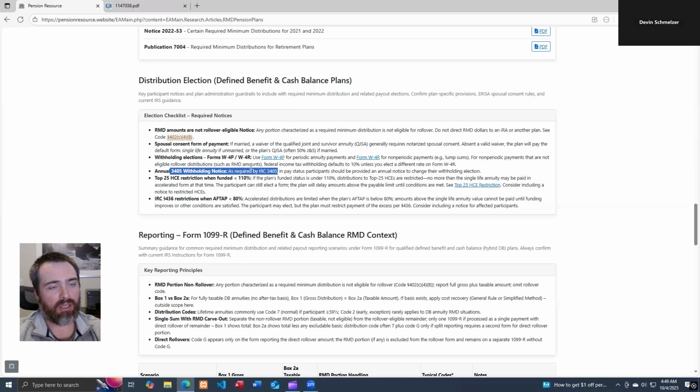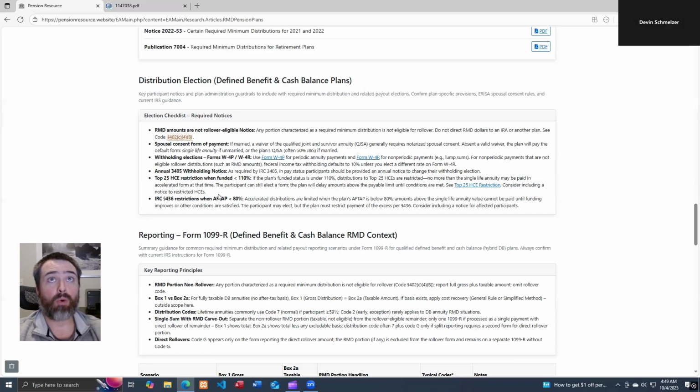Well, not required to be a notice, the top 25 HCE restricted 110% restriction and IRC 436, less than 80% accelerated distribution restrictions. I've actually seen court cases where the HCE has sued because the plan was refusing to pay him his entire benefit.